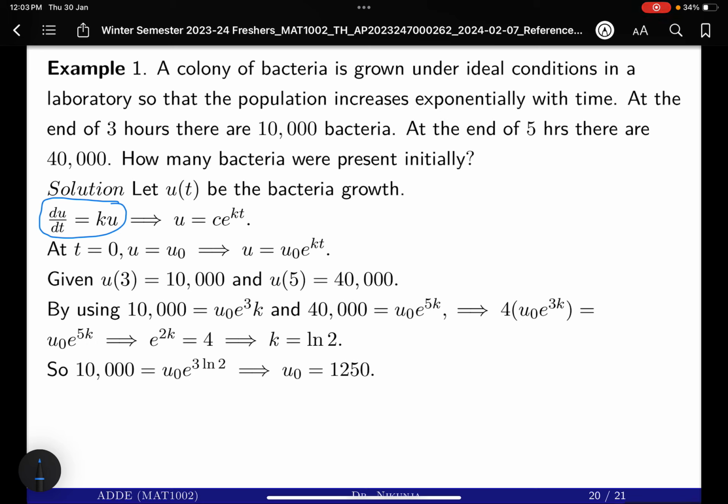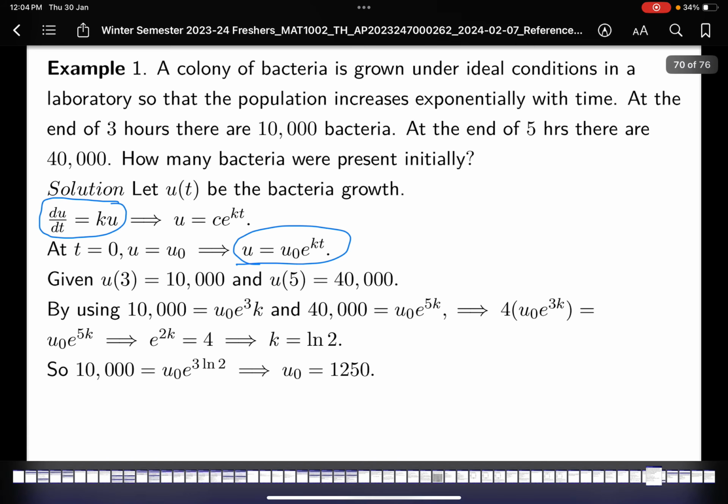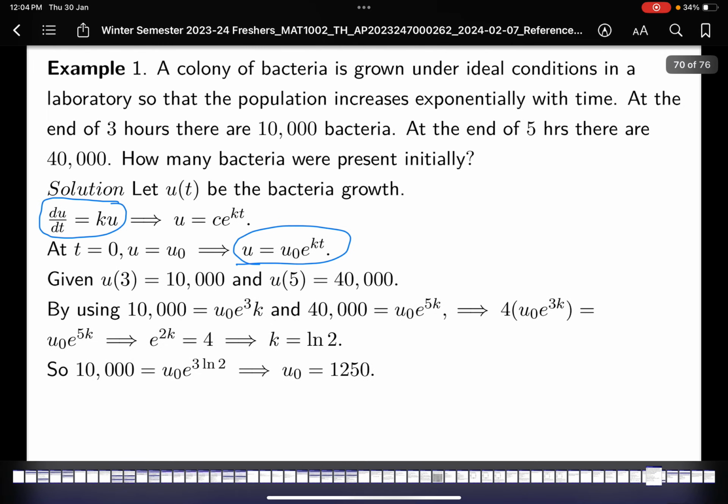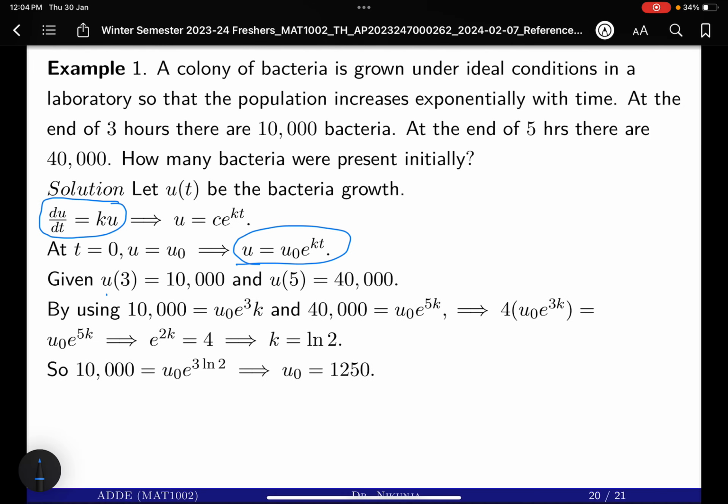After that just go with the routine work, that is, you will find this expression. After that, see what is given. After 3 hours, 10,000 bacteria are present. So t equals 3 you need to apply, and 10,000 is the u value, and t equals 5, 40,000 is the u value.